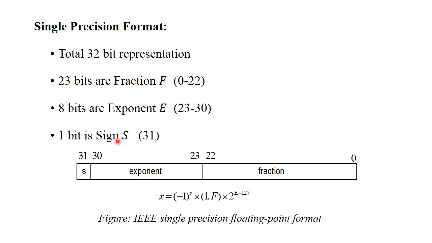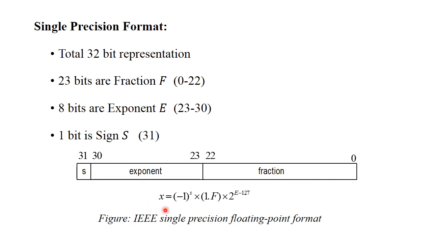Then 1 bit is the sign bit represented by s, that is the 31st bit. So here we can observe the fraction, the exponent, and then the sign bit we are going to have. So 0 to 22 is the fraction, 23rd bit to the 30th bit is the exponent representation, and then 31st bit is the sign bit.